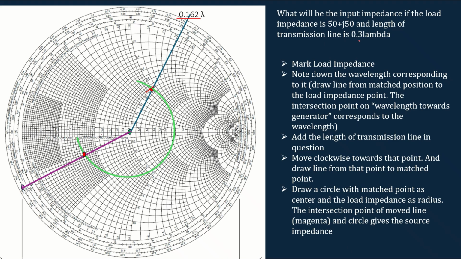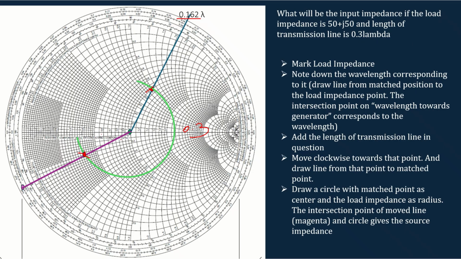Then add the wavelength given here, that is 0.3, and find that point. In effect, you are just extending from here to here by 0.3 lambda to get the impedance. So now you have the input impedance here.